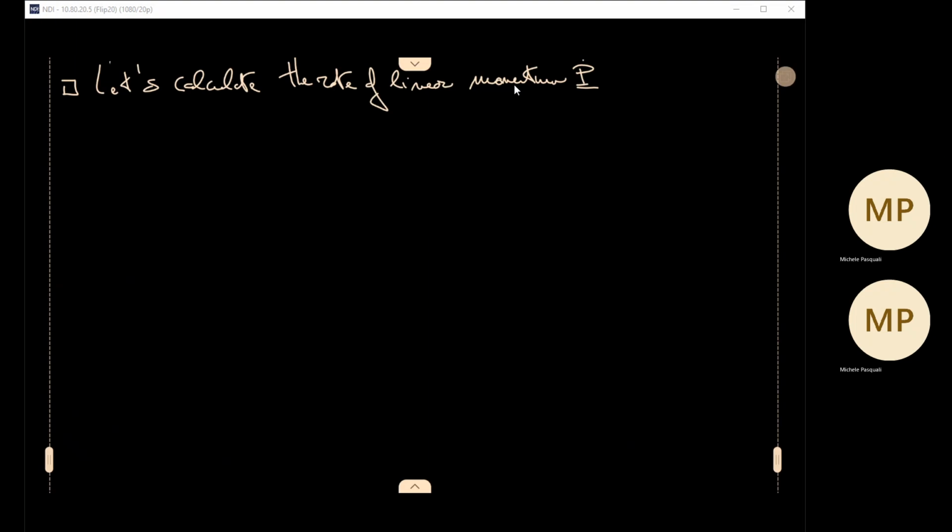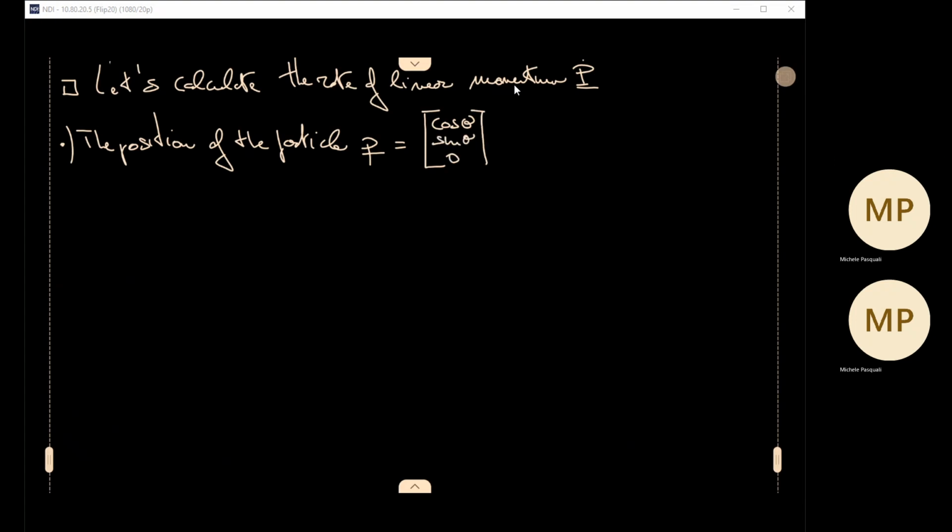Okay, the position of the particle, which we call P, is equal to the following: cosine of theta, sine of theta, and 0, multiplied by q. So it's basically the projection over x1 and x2.